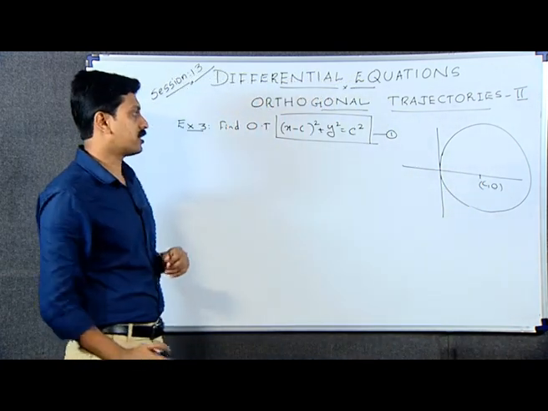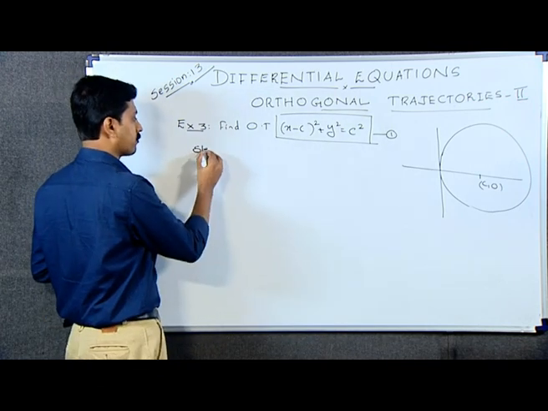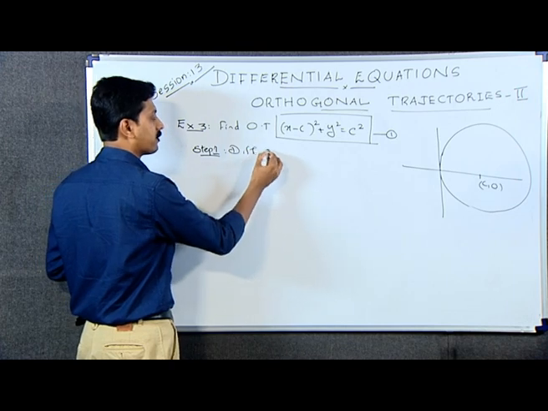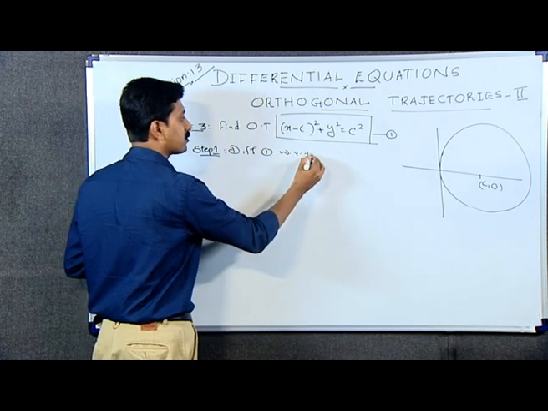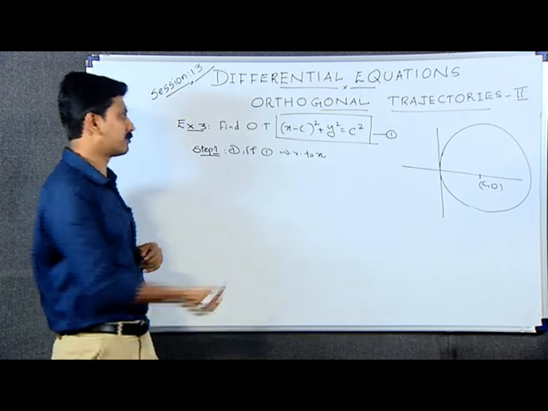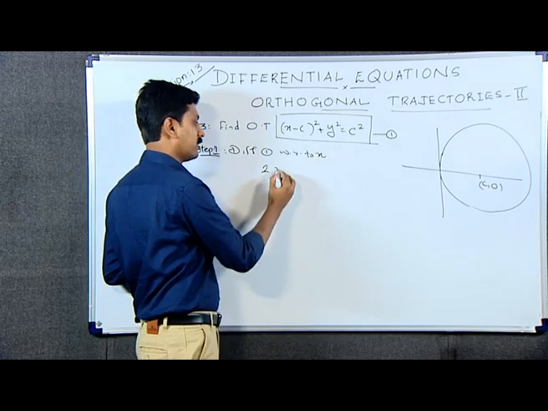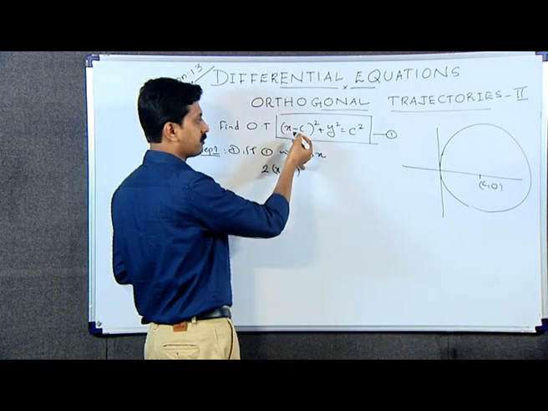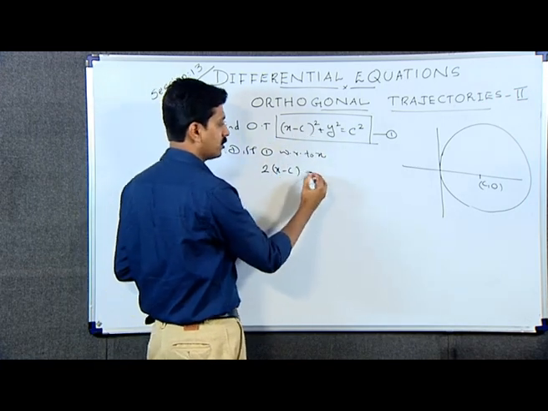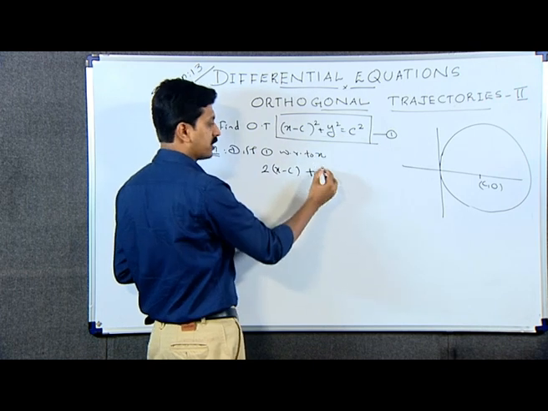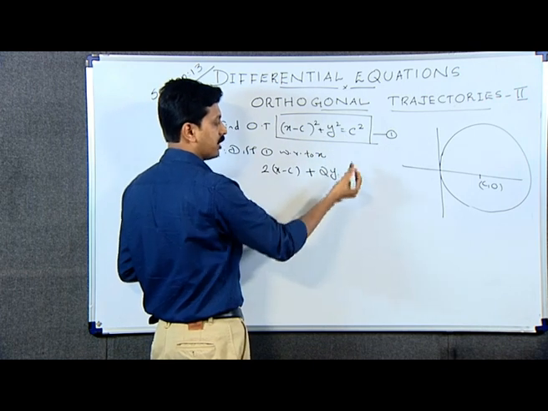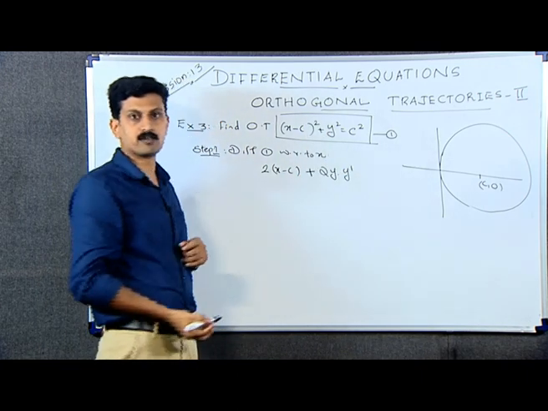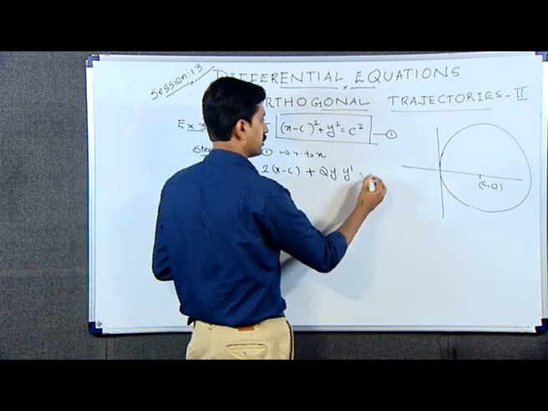As we did earlier, we differentiate 1 with respect to x in step 1. We get 2 into (x minus c), since the derivative of x is 1 and the derivative of c is 0, plus 2y into y dash, as we are differentiating y with respect to x, equal to 0.